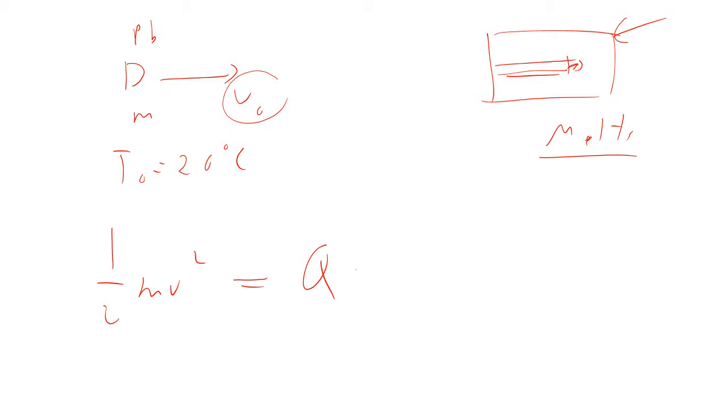Okay, well, what happened? Well, two things happened. We had to heat this up to the melting point. So that is the energy going into changing the temperature, and then we had to melt it. Just getting to the melting point doesn't change it, so we have to include the latent heat of melting. So this is heating it up, and this is melting it.